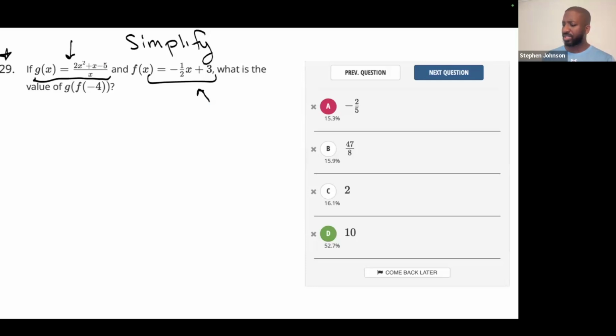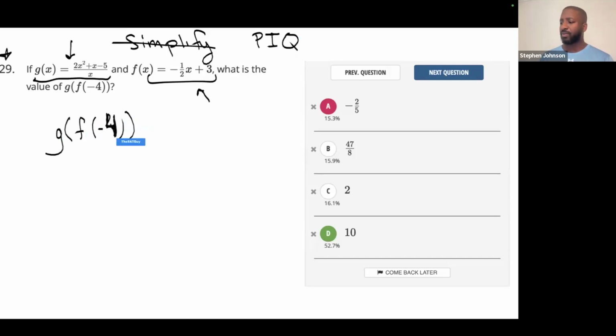But the question does ask for g of f of -4. So I'm actually not going to use a simplify strategy here. I'm going to use plug in information from the question, right? The question is telling me that it's important for me to figure out what f of -4 is.